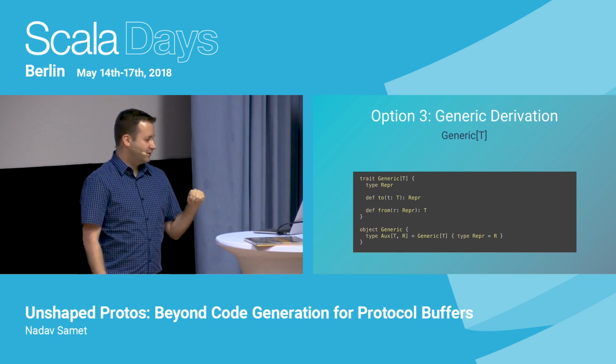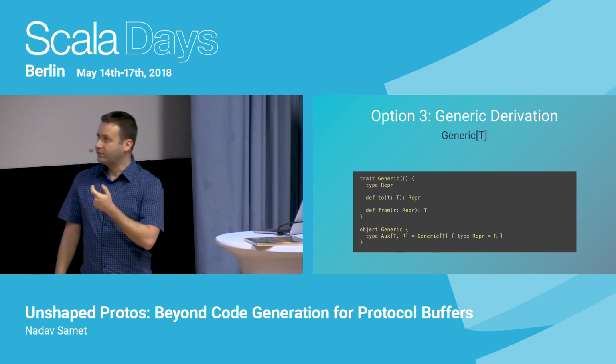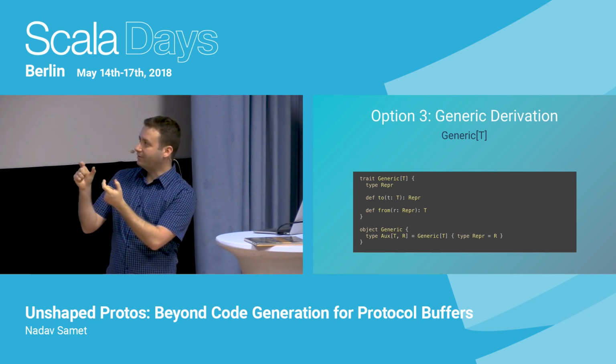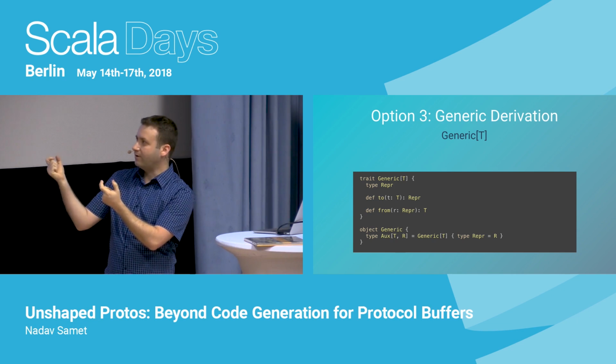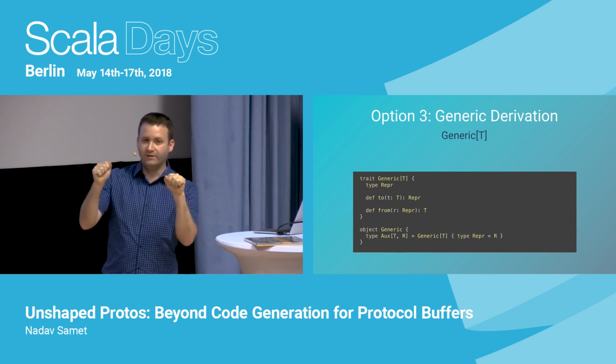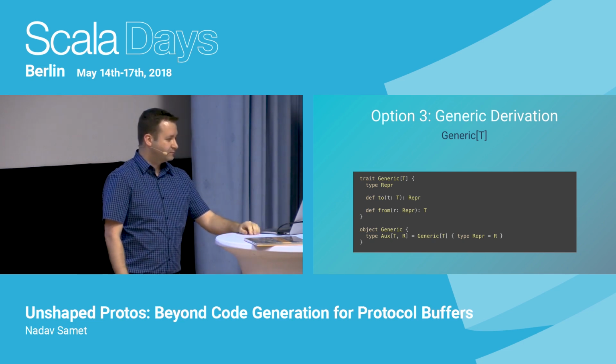Inside the companion object, there is a type alias called Aux, for auxiliary, which takes two type parameters, T and R, and it's basically a Generic of type T with a representation type R. And this trick allows me to capture both the type and the representation type together in a single type definition.